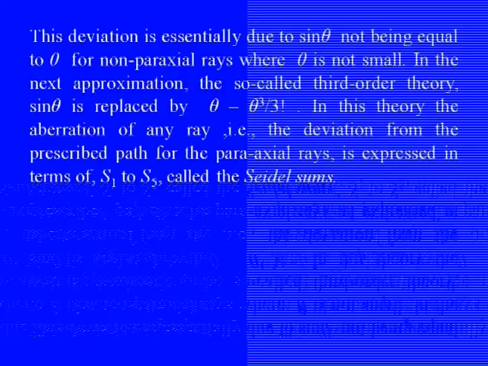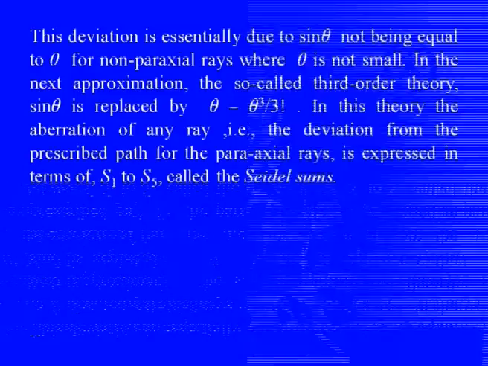In this theory, the aberration of any ray, the deviation from the prescribed path for the paraxial rays, is expressed in terms of S1, S2, S3, S4, S5, called the Seidel sums. If a lens were to be free of all defects in its ability to form images, all 5 of these sums would have to be equal to 0.